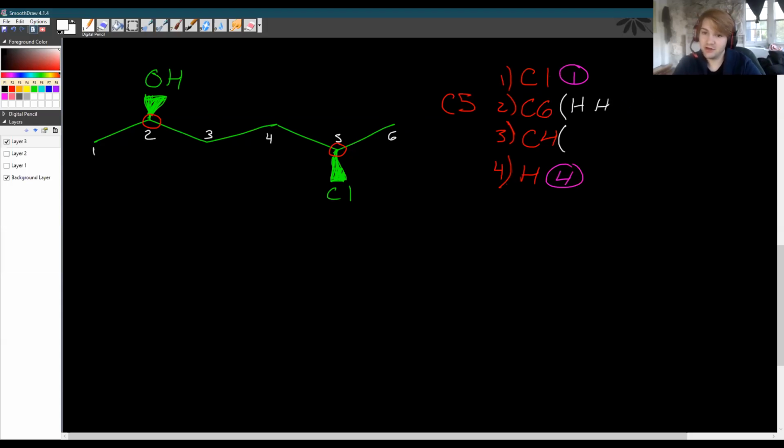HHH, right? Carbon 6 is only bonded to other hydrogens. Versus carbon 4 is bonded to C3, hydrogen, hydrogen. And so what I can see right here is that, oh, here's my first point of difference. Carbon is bigger than hydrogen, and so what I can say is that C4 wins and C6 loses.